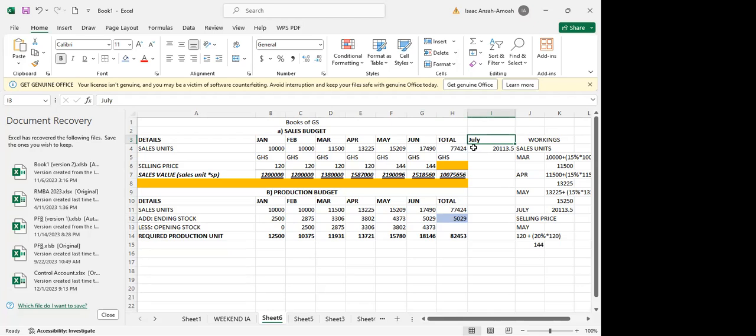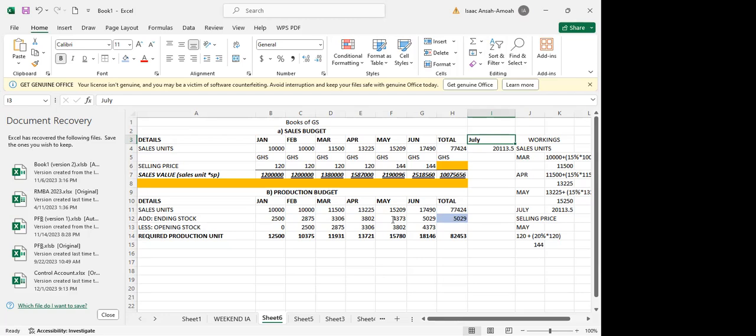And then the ending stock policy says 25% per month. And for the month of June, 25% of this becomes the ending stock for June.